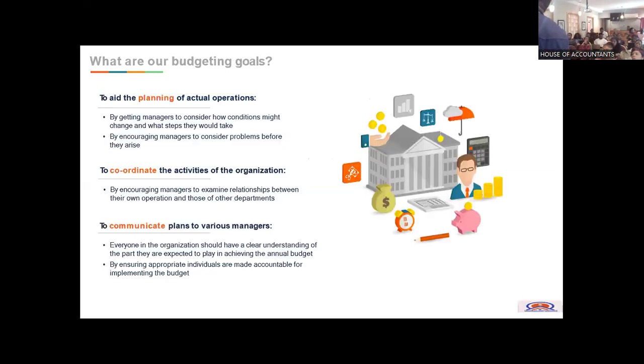Okay, so what are our budgeting goals? To aid the planning of actual operations by getting managers to consider how conditions might change and what steps they will need to take. The first thing is that you need good personnel, you need good managers. If you are going into a particular project, I know that it's not your area, you get people that can do it for you, that will be able to execute it.